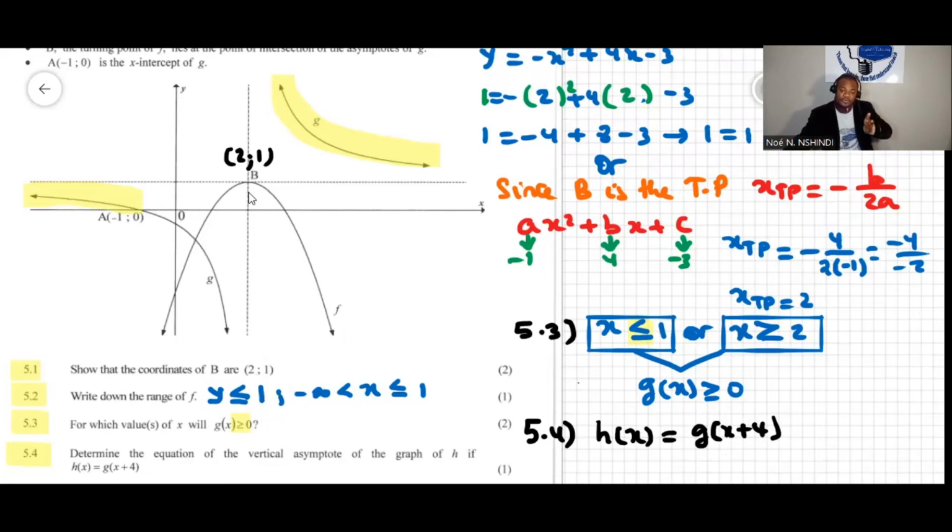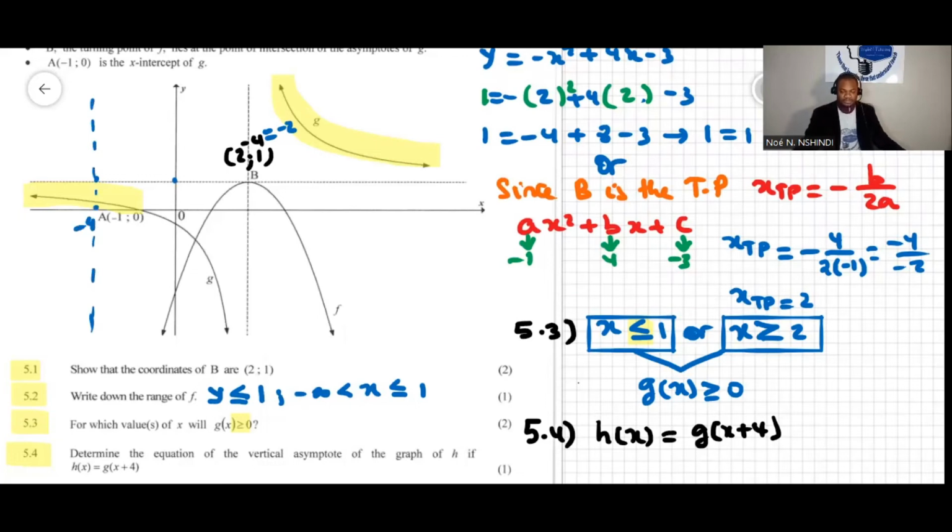Now, moving 4 units to the left, it means we minus 4 from 2, which is equal to -2. So now it's going to be like 0 is over here, another -2 there. So the asymptote will be somewhere there.